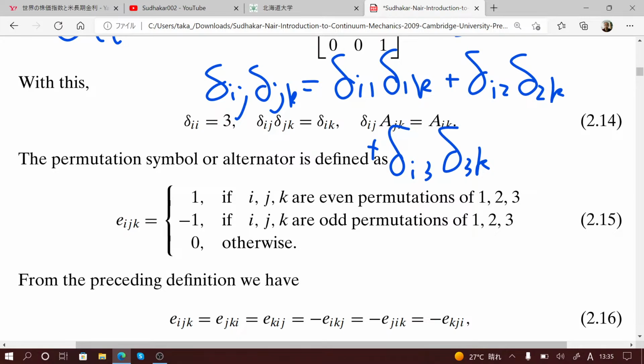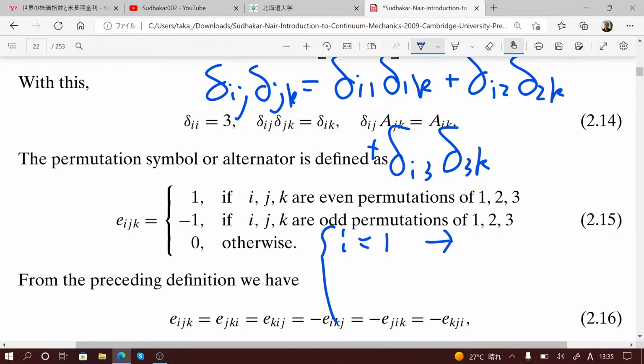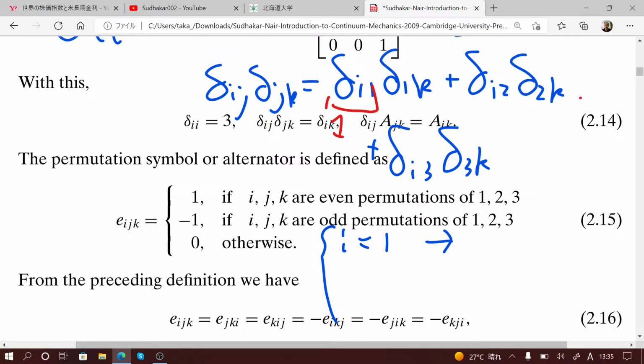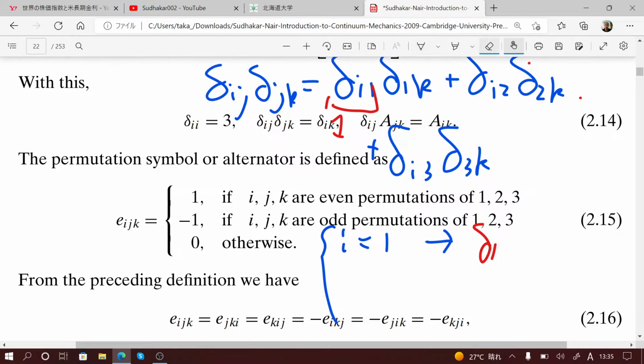So we have to have a condition. If i equals 1, then delta i1 is 1, so we have delta 1k, which is delta ik.